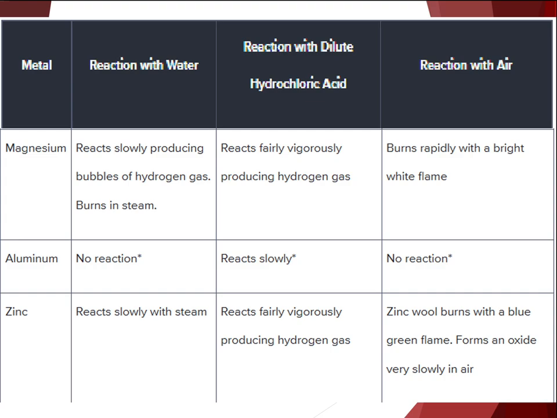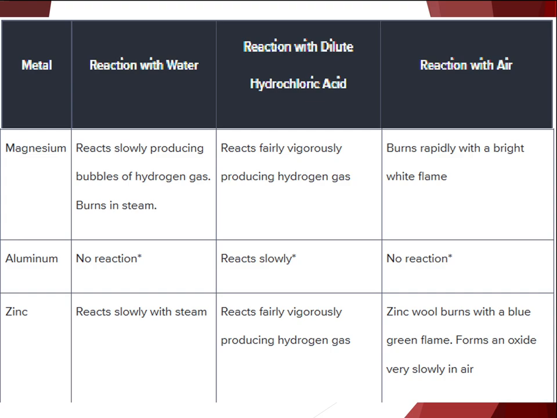Aluminum's reaction with water: there is no reaction with water. Aluminum's reaction with dilute HCl: it reacts very slowly. And aluminum's reaction with air, again, no reaction with air. Zinc reacts slowly with steam, meaning there has to be high energy in the form of temperature, high energy water vapor, and it can react, but it will still react slowly.